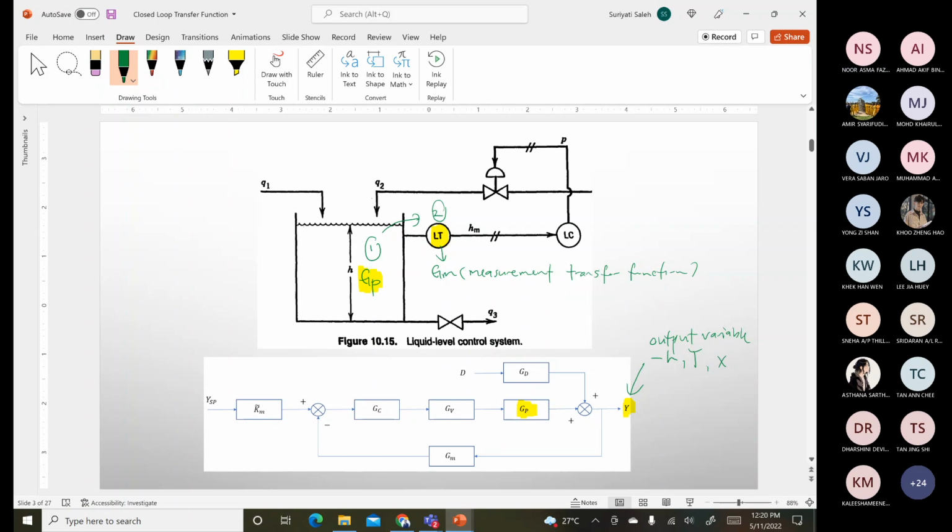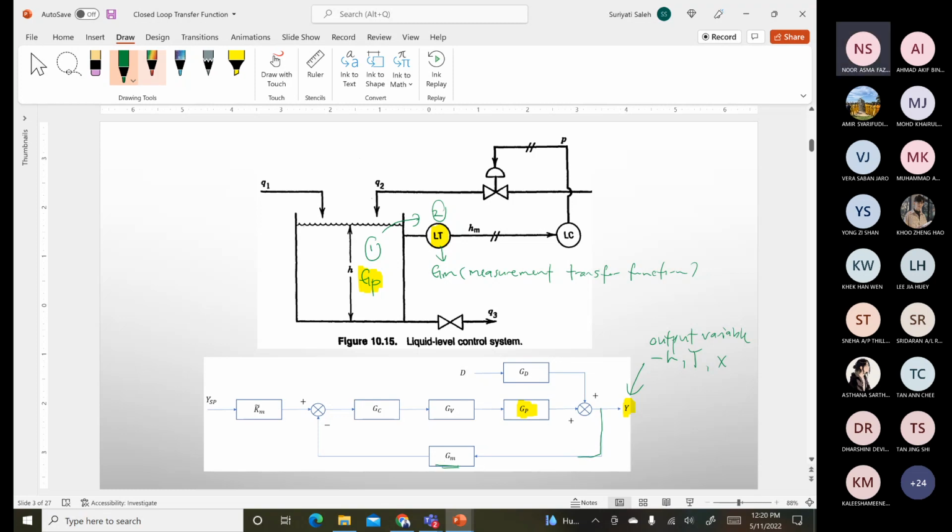The measurement refers to the transmitter. It records the value of your level. So that's why here the output will be H. There will be an additional line over here to represent the GM.